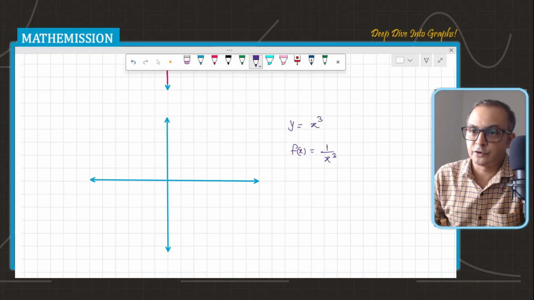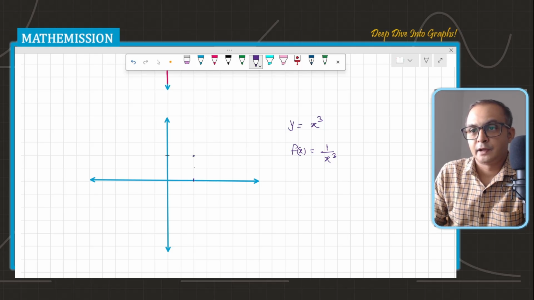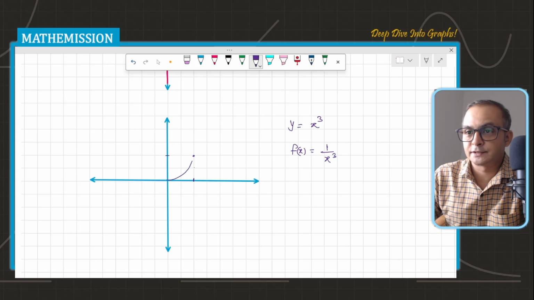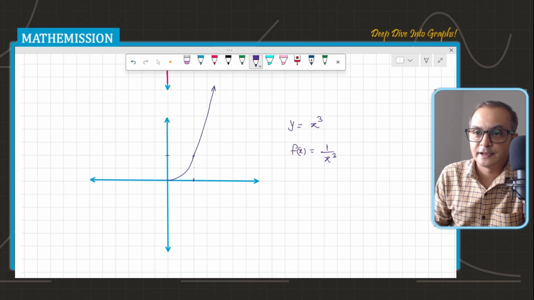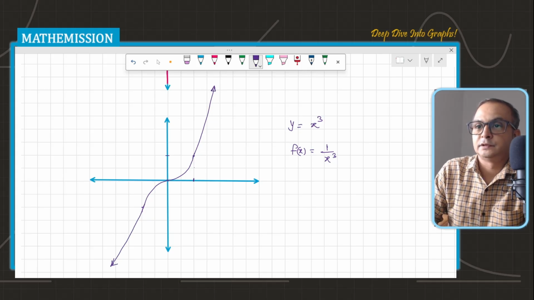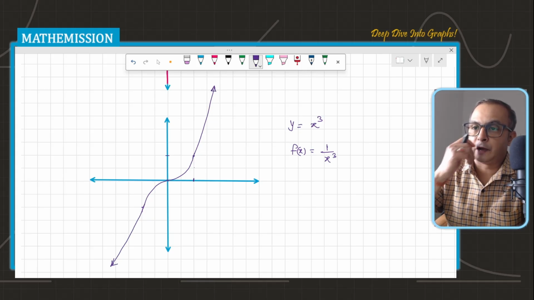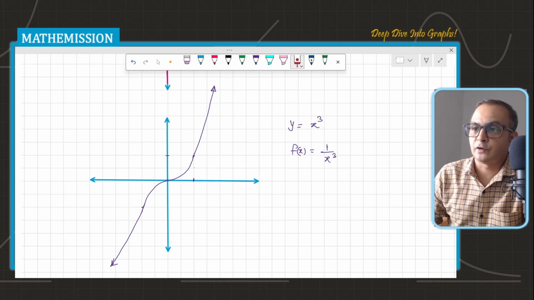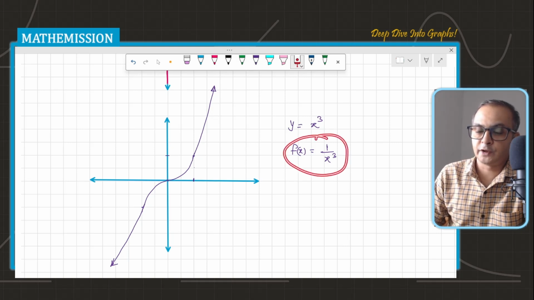So the x cube graph, let's say this is (1, 1), and it should go like this, and it will go till infinity. Similarly here it will go like this. This is a schematic diagram. Now I want to draw the graph of 1 by x cube. How can we do it?